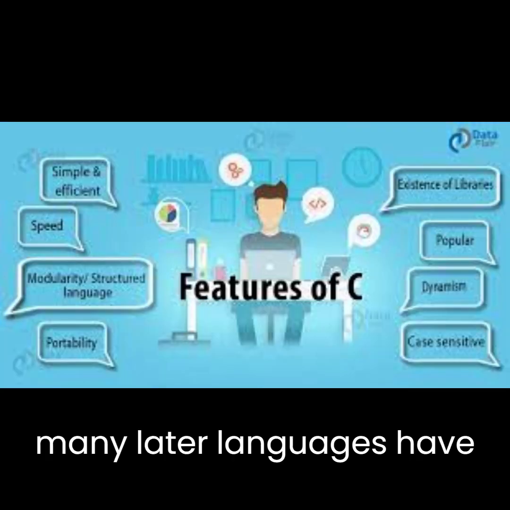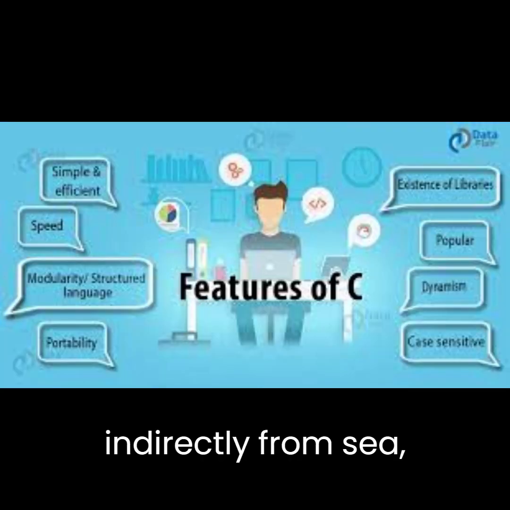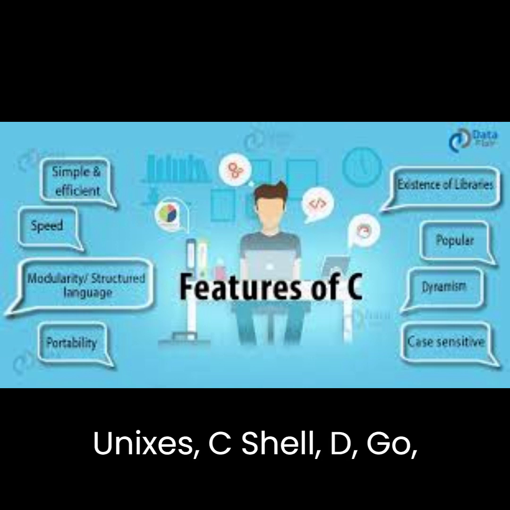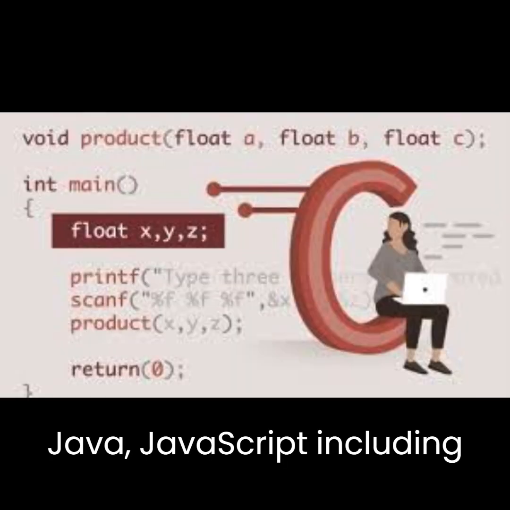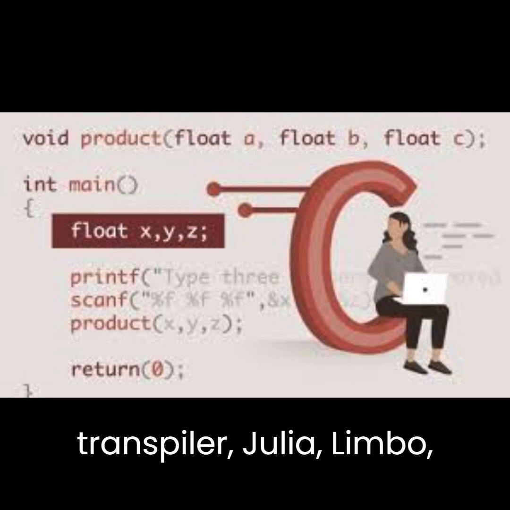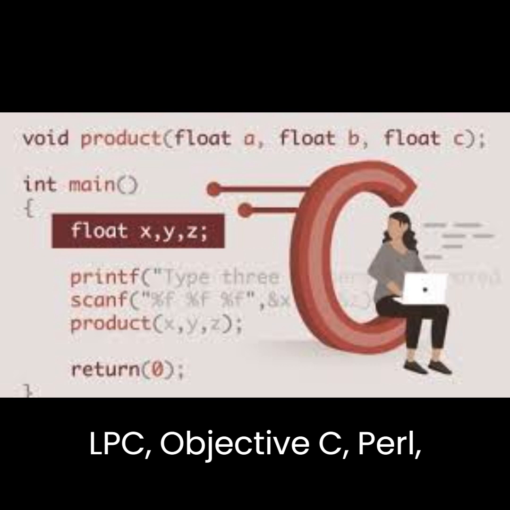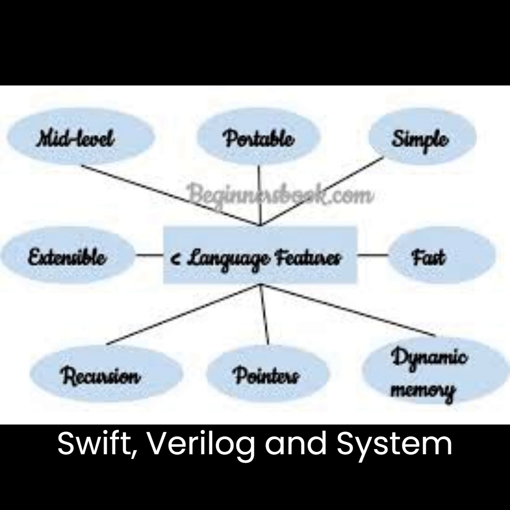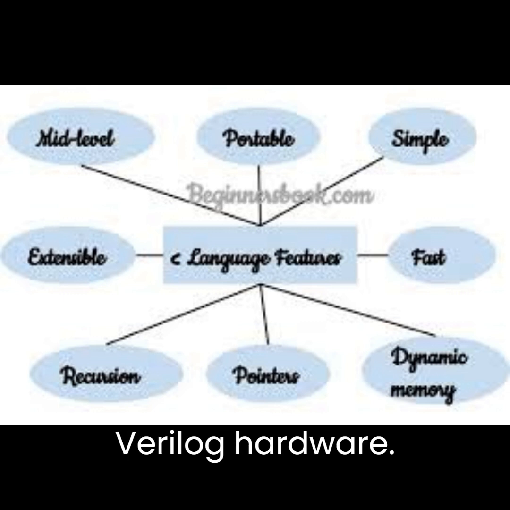Many later languages have borrowed directly or indirectly from C, including C++, C#, Unix C Shell, D, Go, Java, JavaScript (including transpilers), Julia, Limbo, LPC, Objective-C, Perl, PHP, Python, Ruby, Rust, Swift, Verilog and SystemVerilog (hardware description languages).